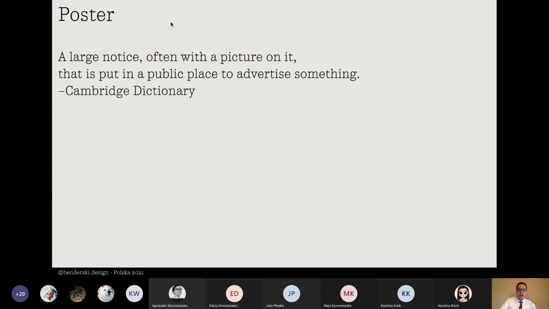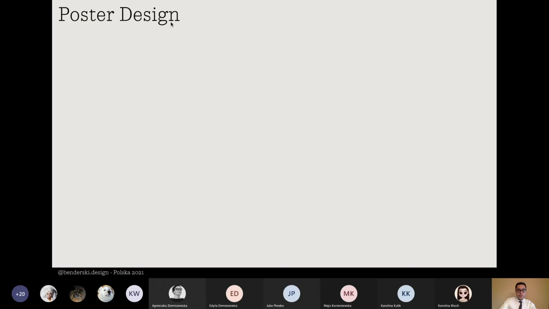So what is a poster? A poster is a large piece of paper that has pictures on it, and it's placed on the streets in order to advertise something. Okay, that's a poster.